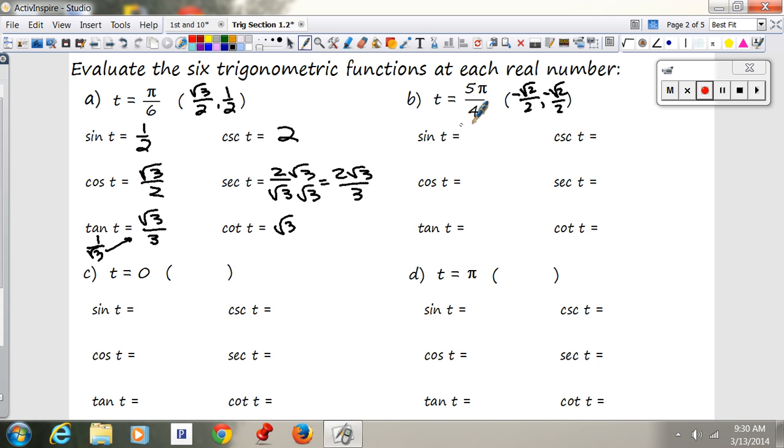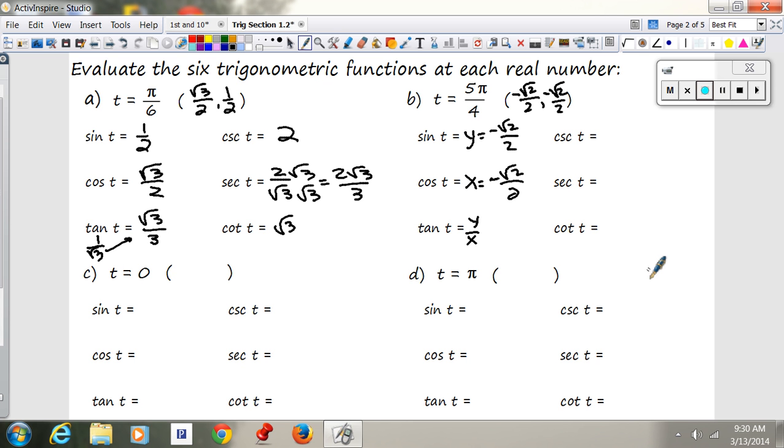So what is my sine at this angle right here? It's going to be the y value, which is negative radical 2 over 2. What's the cosine? The x value, which is the same exact thing, negative radical 2 over 2. What's my tangent? Y over x.